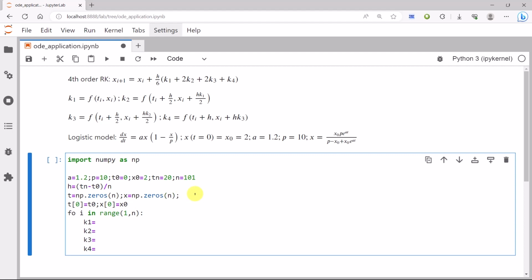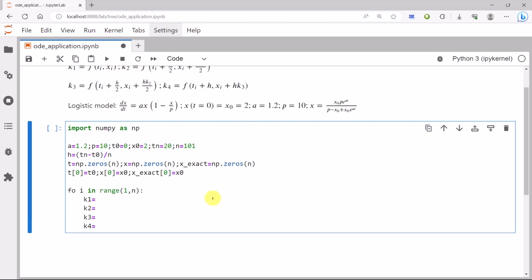Let us say this is x exact. That will also be np zeros n. I think this completes the description of all the variables. For x exact also we have to give the initial value. We give it as x naught. Okay, all right, so now we are ready to go.